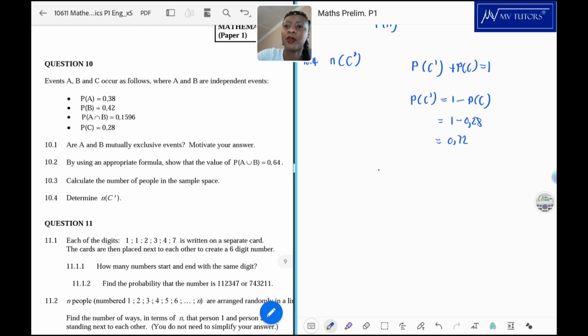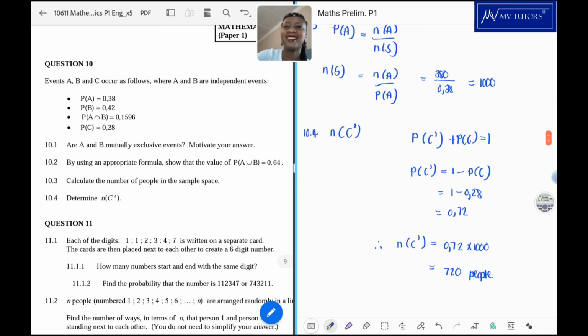Therefore, for the number of people there, you're simply going to take your probability, 0.72, and multiply it by our sample space. In that case, I think you're going to get 720 people. So yeah, I'm just going to say people.